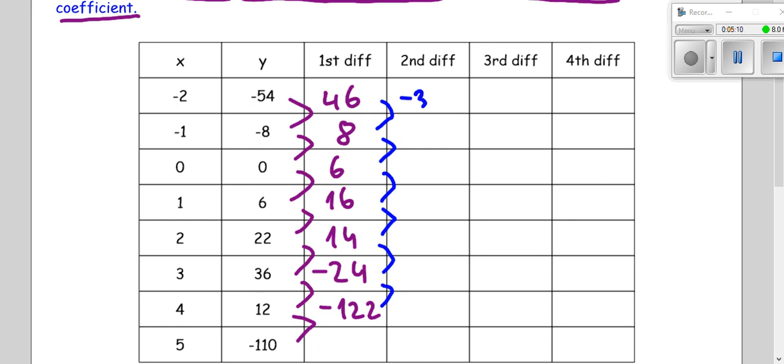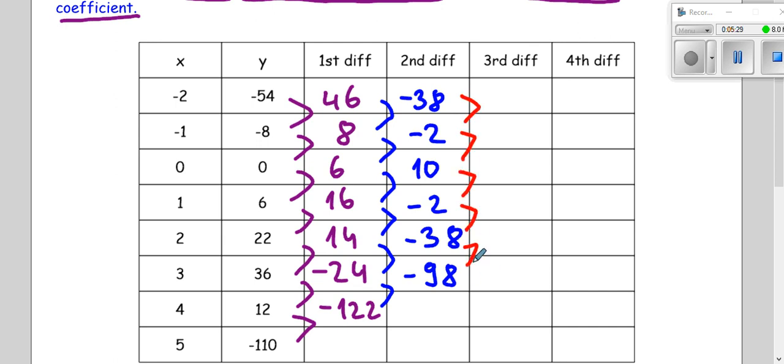In this case, it's negative 38, negative 2, 10, negative 2, negative 38, and negative 98. Again, not constant, so we have to keep going. The third differences are negative 36, 12, negative 12, 36, and negative 60.